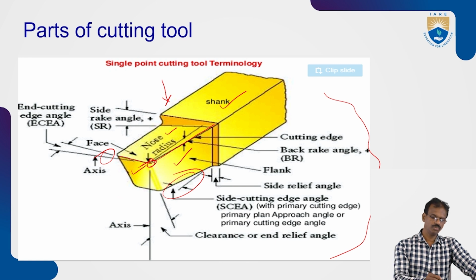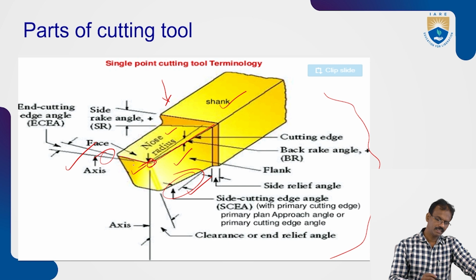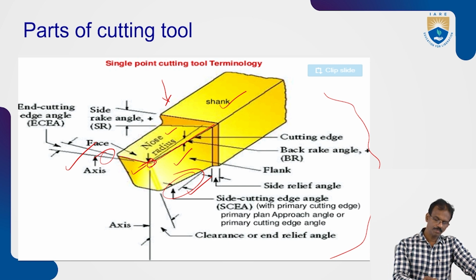The end cutting edge angle is the angle between the line which is perpendicular to the length of the tool bit and the cutting edge. This angle is nothing but the end cutting edge angle.